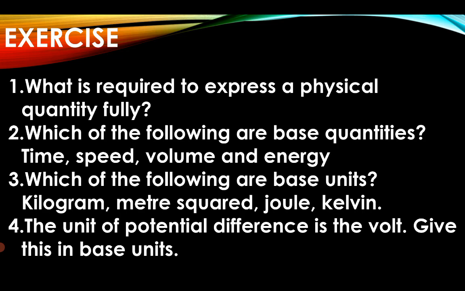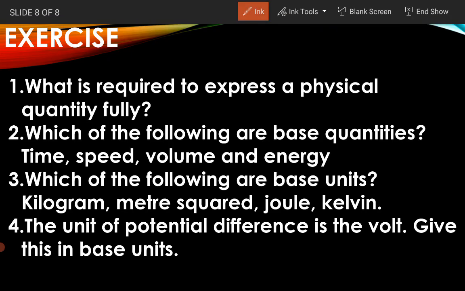Last but not least, the unit of potential difference is the volt. Give this in base units. Remember, what is potential difference again? Potential difference, or what we call voltage. So review your work. Voltage, potential difference, is work done divided by charge.